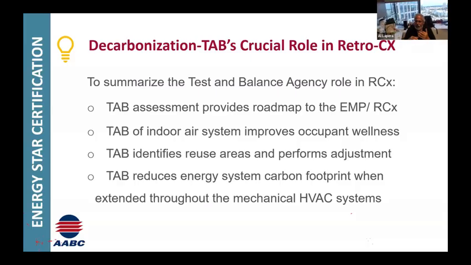Yes, I've done flow measurement. I have an Alnor, and I can go out and do some stuff. Does that make me a test and balance guy? Absolutely not. So we all have our individual strengths and weaknesses, and if we work together, they're all strengths as a team. That's how I see it when I'm talking to an owner.